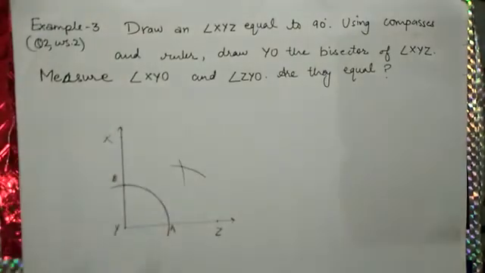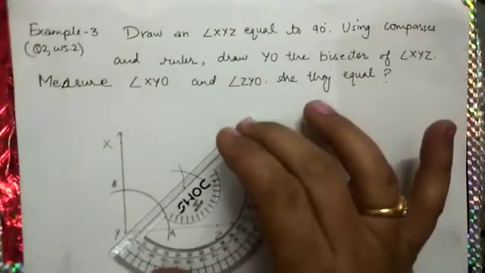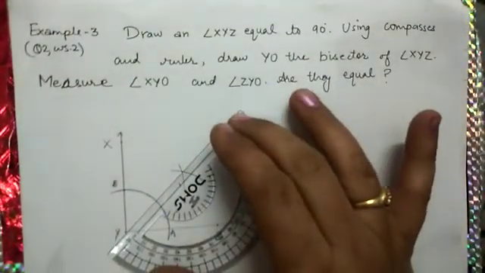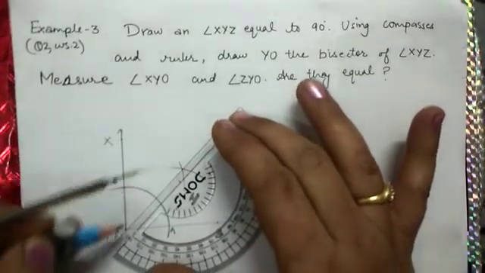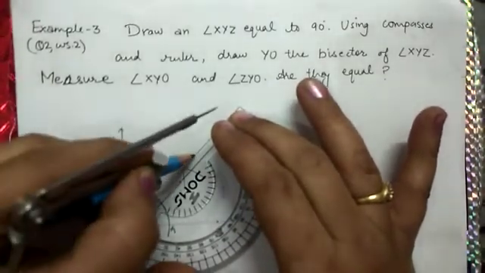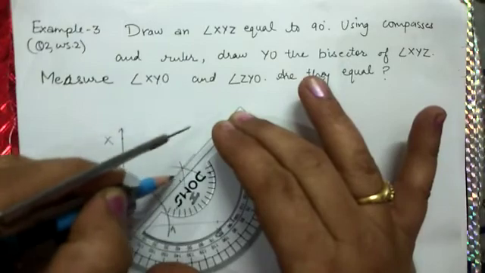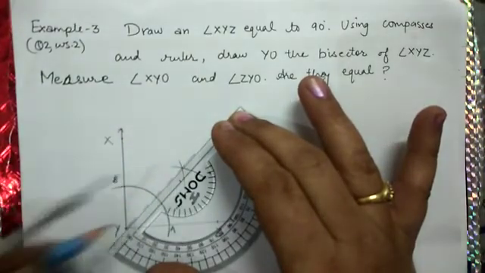Got an intersecting point. Now join this point with Y like this.